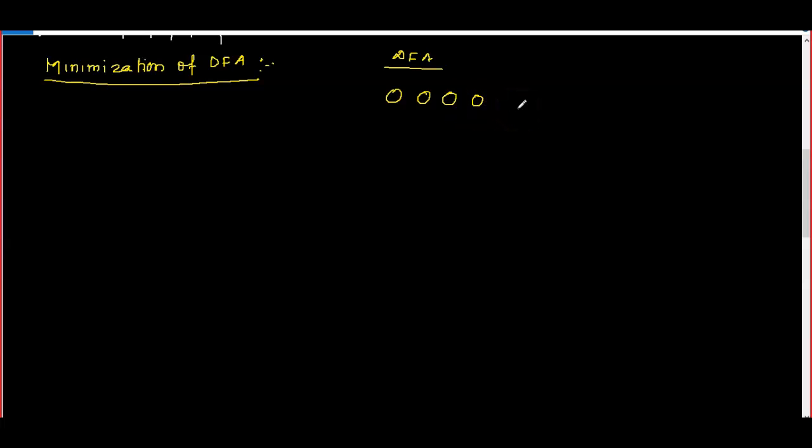And somebody else designs the same DFA, the same abstract machine, by taking 3 states. So this DFA will be called more efficient because it has fewer states, and it does the same task as the one DFA.